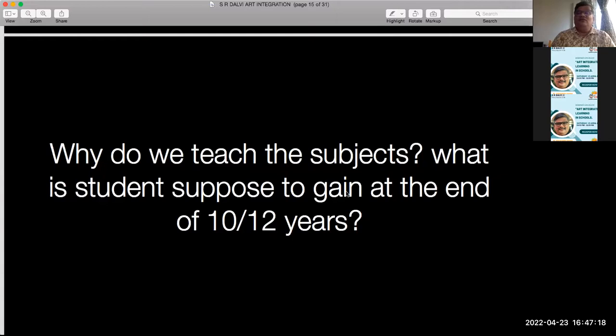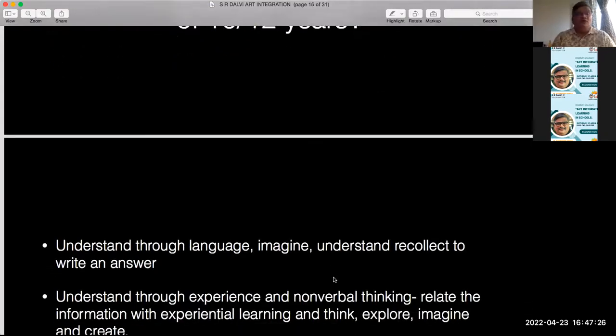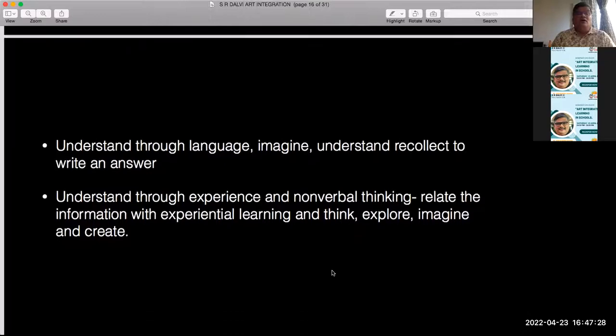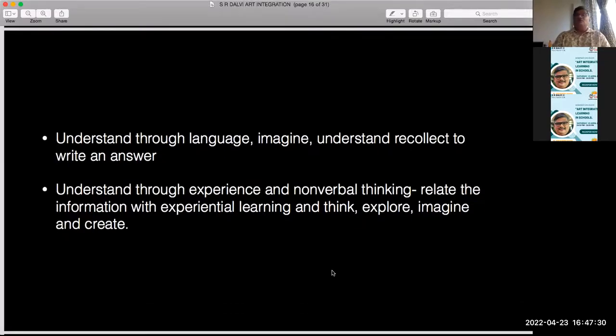Many times we don't ask this question. Even our textbooks do not tell students why we have to learn this subject. What happens in normal education is that we understand through language, we imagine and understand through imagination.